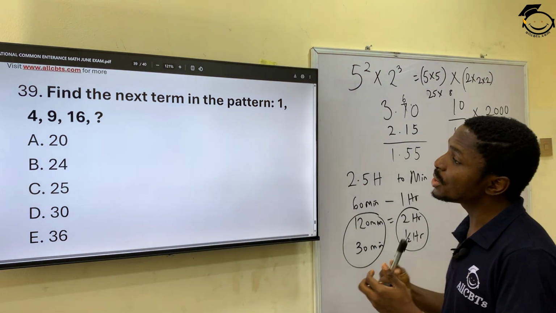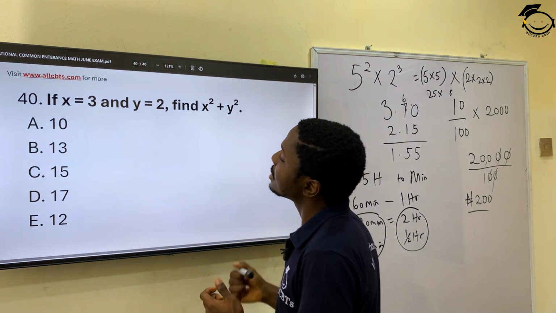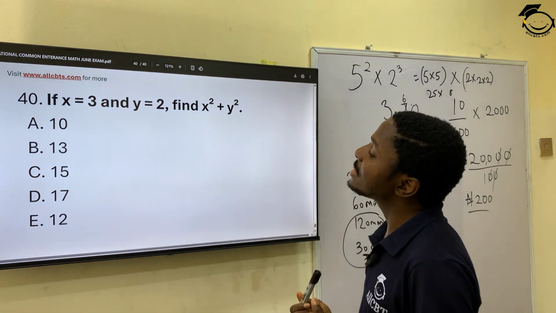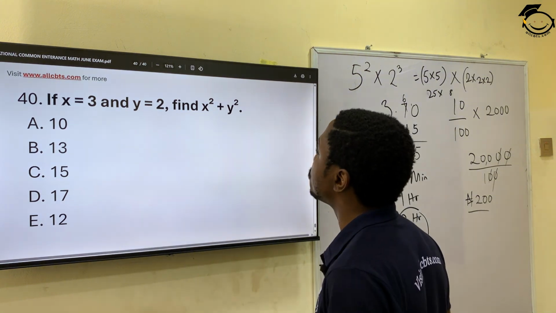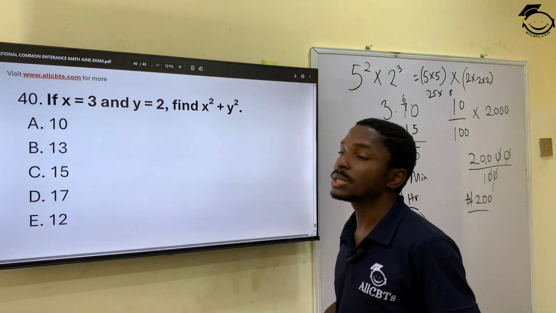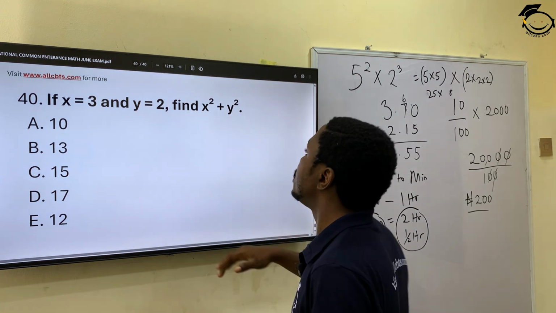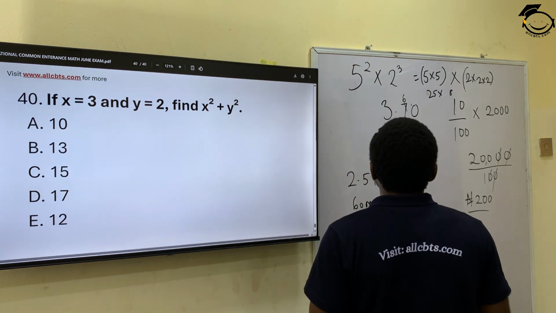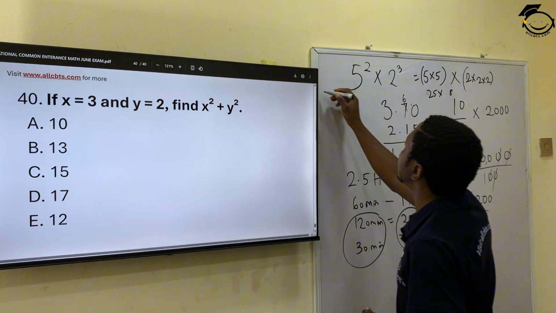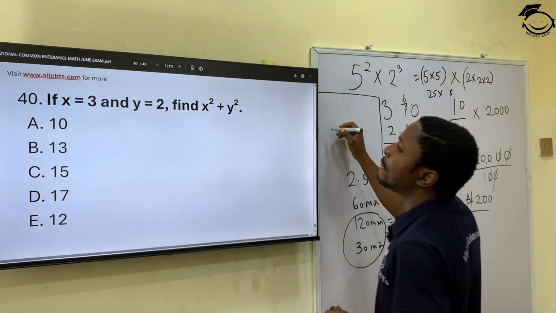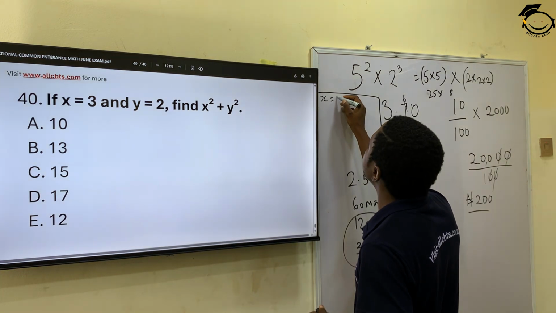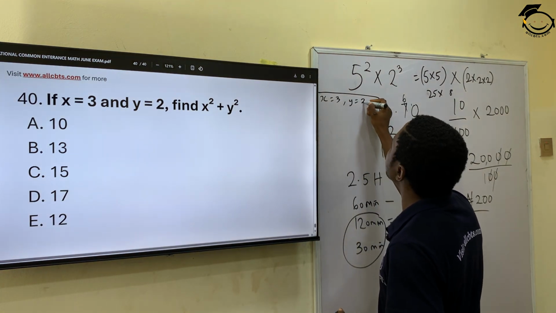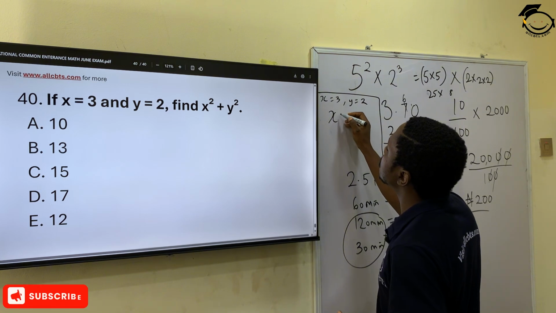Okay, then the last question we have for this practice is if x equals 3 and y equals 2, find x squared plus y squared. We've treated a lot of this already. So just substitute your values into your equation. So x is what? 3. y is what? 2. x squared will be what?